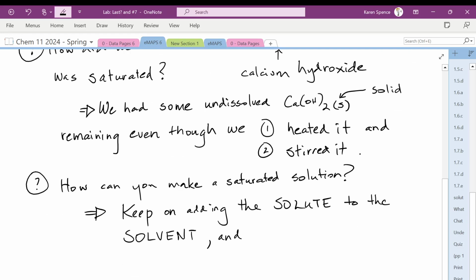And we're not always going to heat it. Heating isn't necessary all the time. But what should we be doing? Stirring and stirring. Until, tell your partner what? Until what?